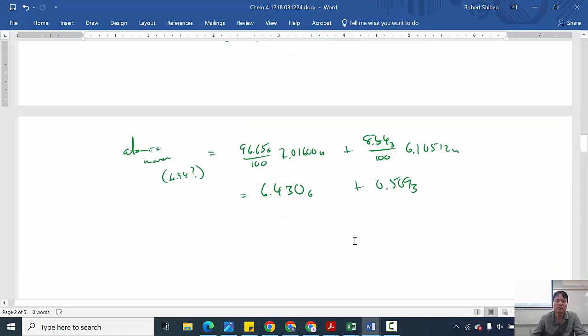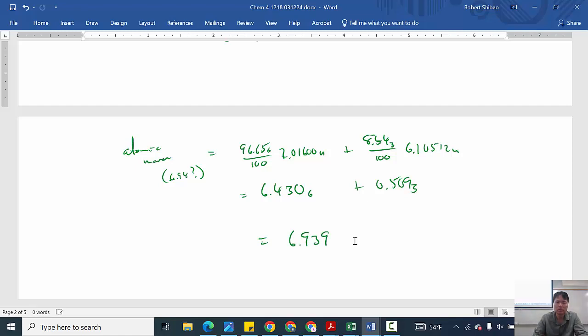Again, I'm allowed 3 decimal places, which is going to round to 6.94.